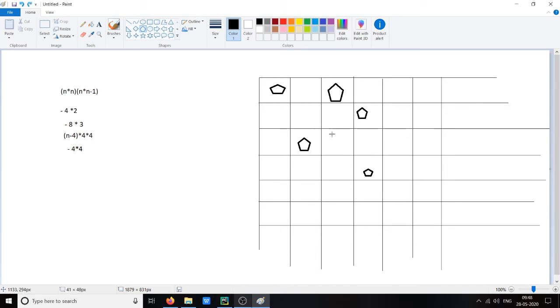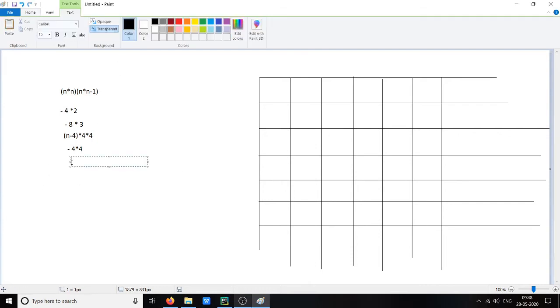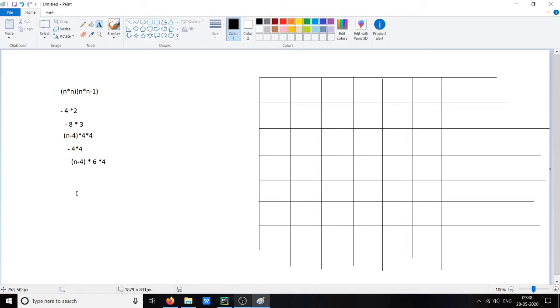That's why there will be n minus 4 such positions, which will attack 6 different places on all the 4 sides. That's why we'll subtract it.